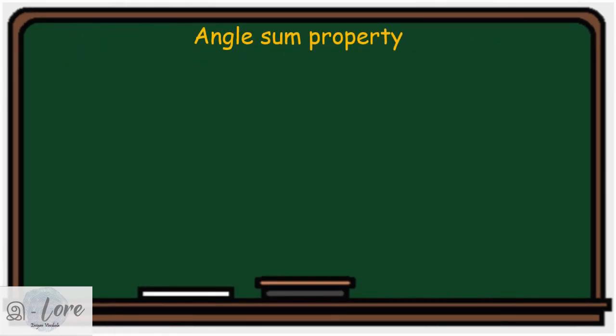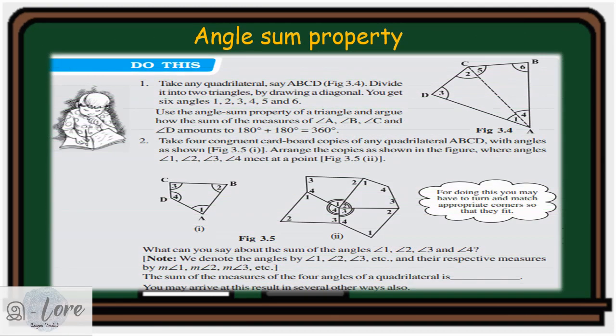Angle sum property. Okay, let me take this example of an activity to work out the angle sum property. Take any quadrilateral, say ABCD, divided into two triangles by drawing the diagonal. You get 6 angles as given in the picture: 1, 2, 3, 4, 5 and 6.